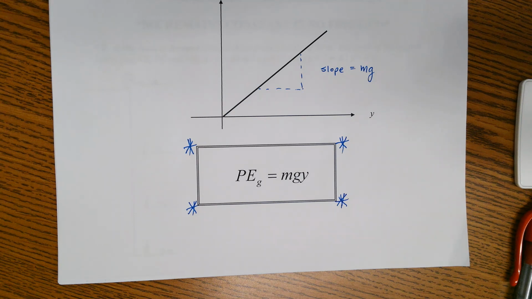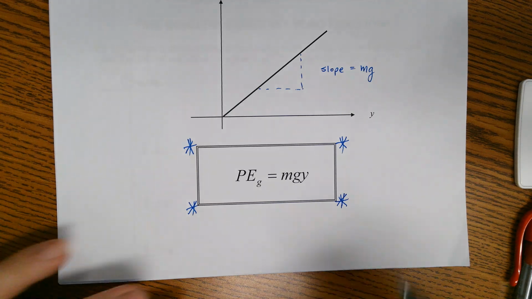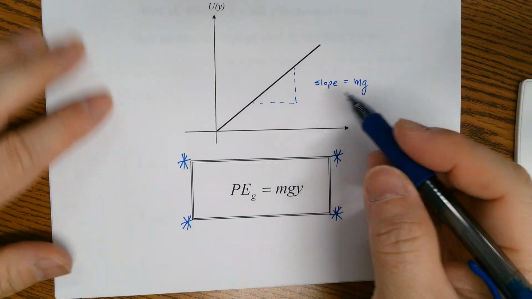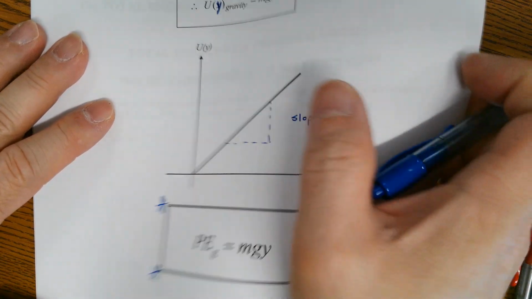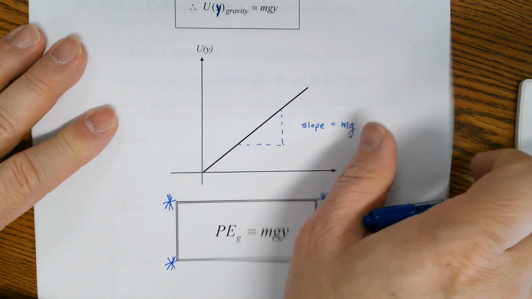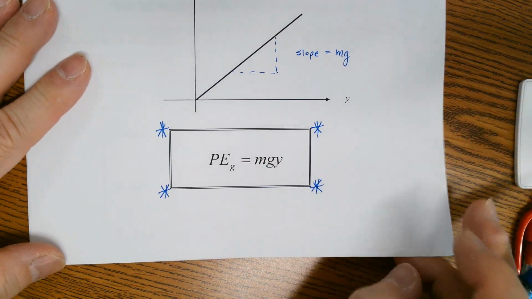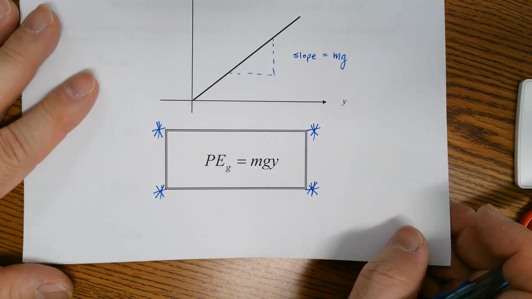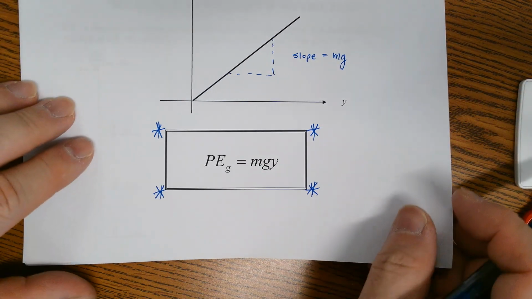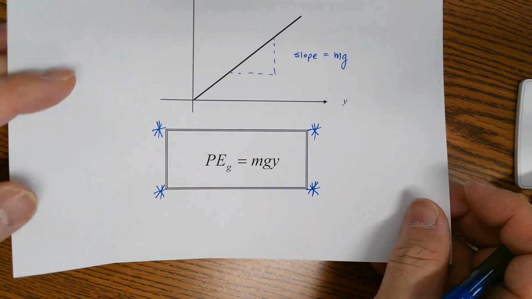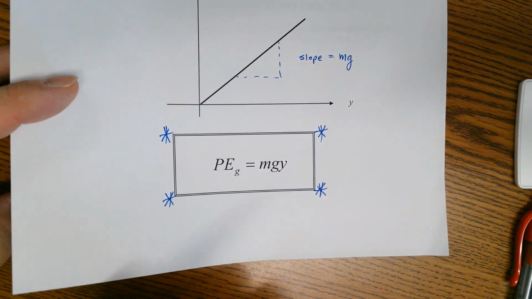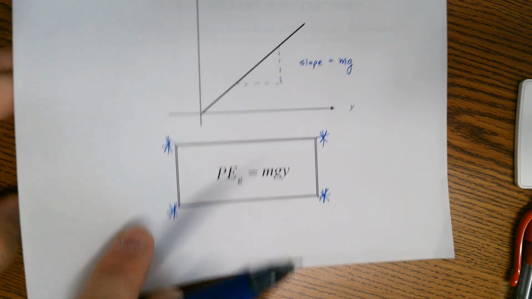That all depends on you. You don't always have to start from the basement. That's why it's very important to understand it has to be the change in potential energy, given the height where you want to set your zero. It's always going to be relative to some reference point of zero that you set.